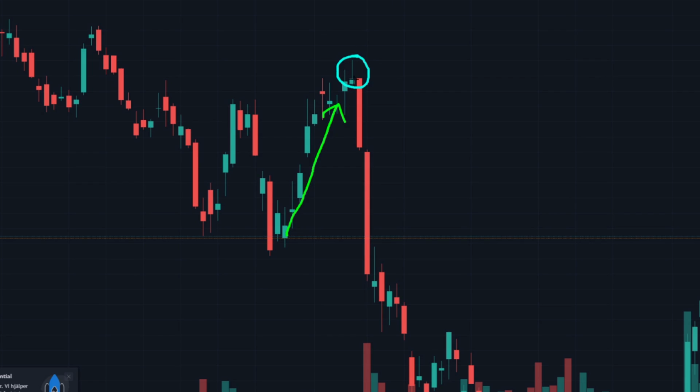The candle appeared, and we had a small real body near the low of the day. We had a shadow that is more than twice the size of the real body, and we actually had a small lower shadow here, but the lower shadow was so small that I would still consider it a shooting star pattern. And after this pattern occurred, we actually saw a steep price decline, and this pattern played out pretty well.